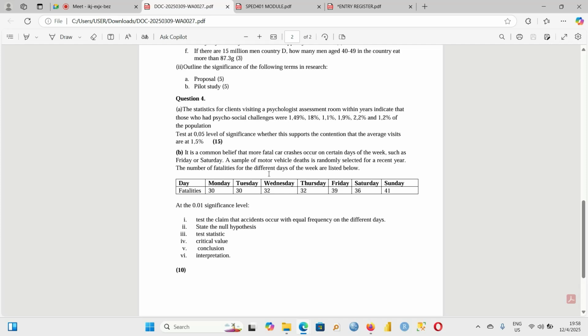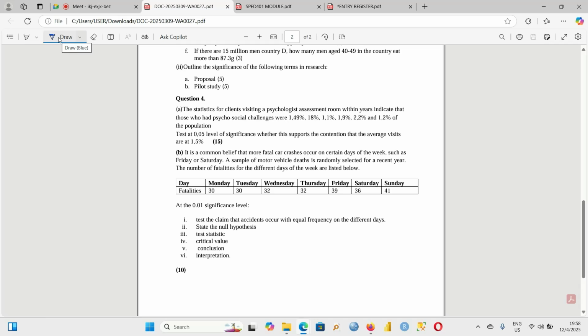The test should include the null hypothesis, the test statistic, critical value, conclusion, then interpretation.